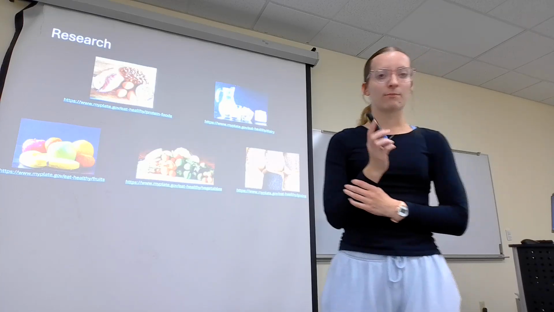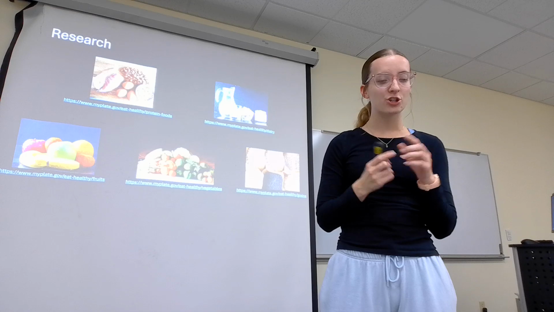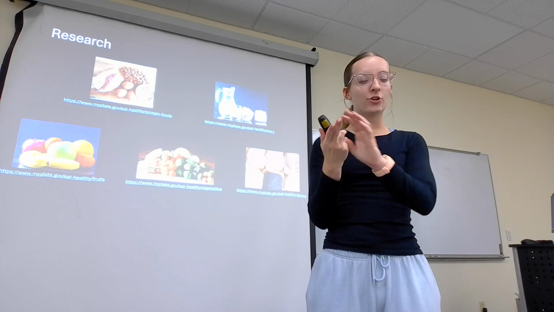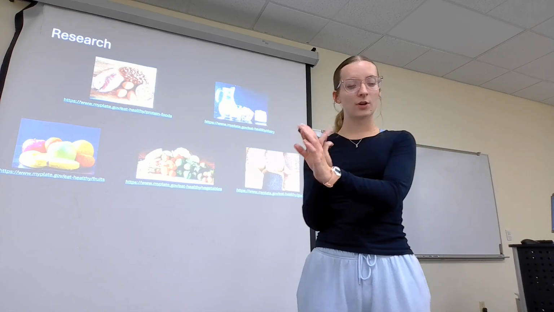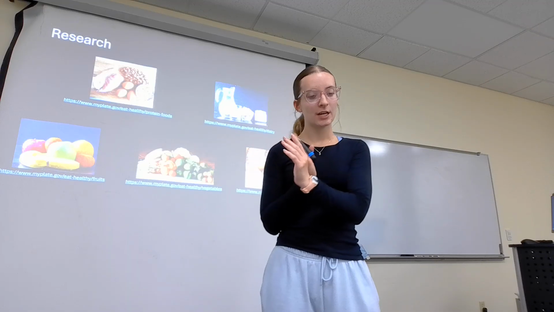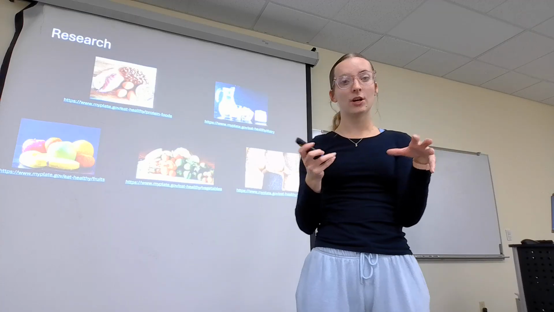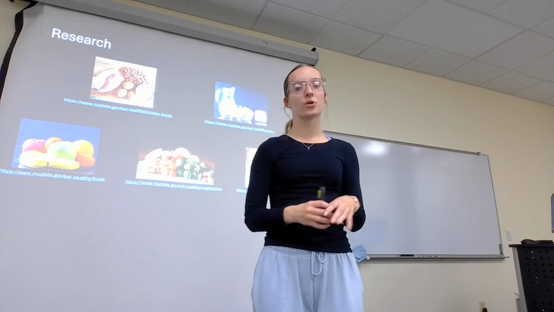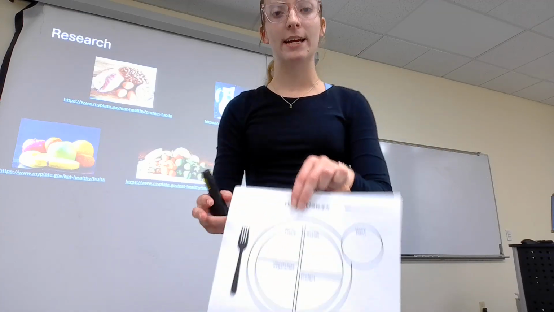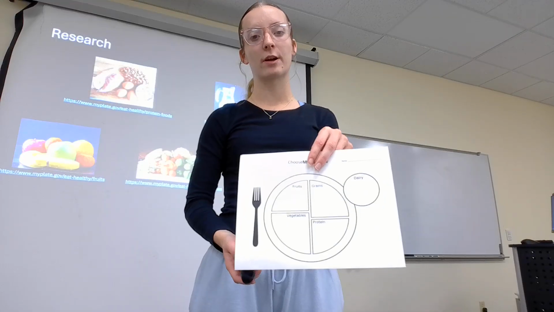When you're researching, I want you to pay close attention on the website to how much you need daily, nutrients and health benefits, why the food is important, and the tip sheet. You will use this information to make your own MyPlate. While you're researching on your Chromebooks, I want you to actually be writing down answers on your MyPlate sheet with your pencil and paper in front of you.